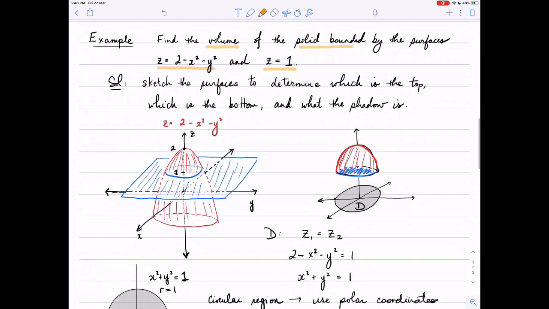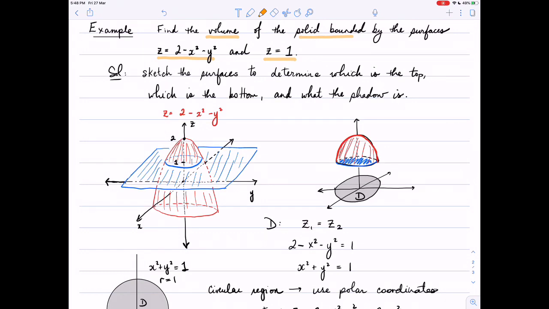So to do that, I suggest that you try and sketch the surfaces, certainly to the best of your ability, but a lot of the ones that you're going to be given are going to be surfaces that we've seen before in this class. And then it'll be easier to determine which is the top function, which is the bottom function, and to get a handle on what this shadow region of the solid is.